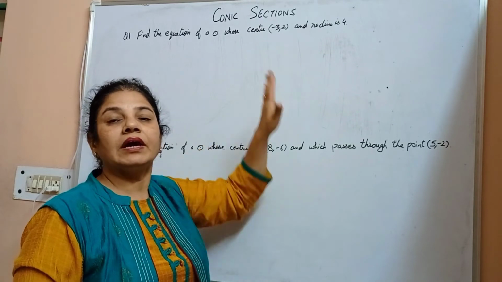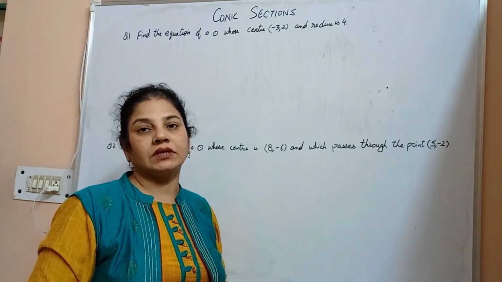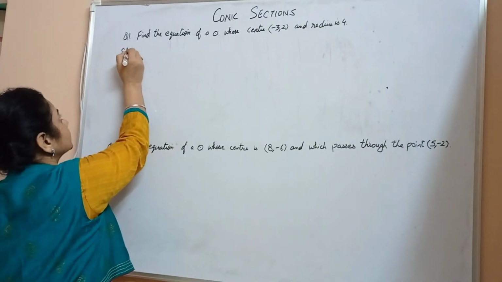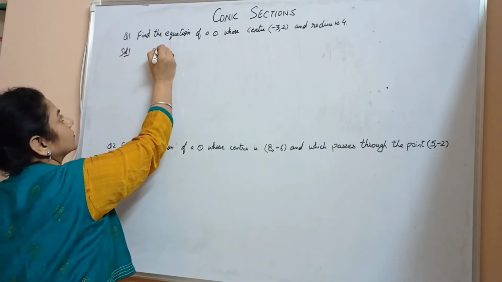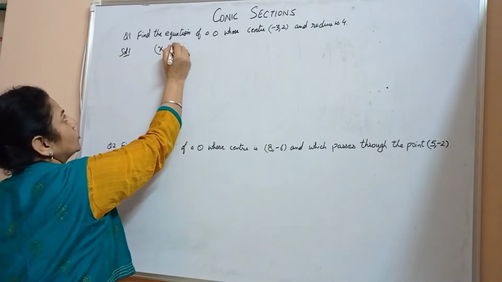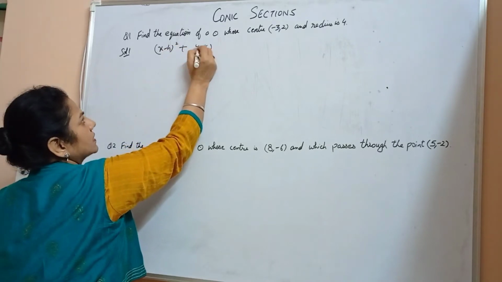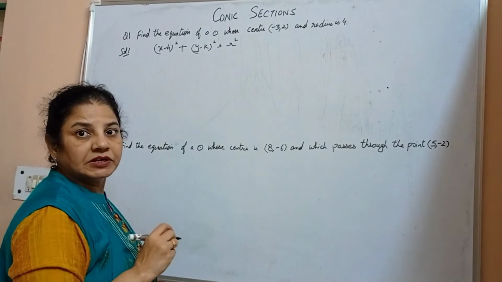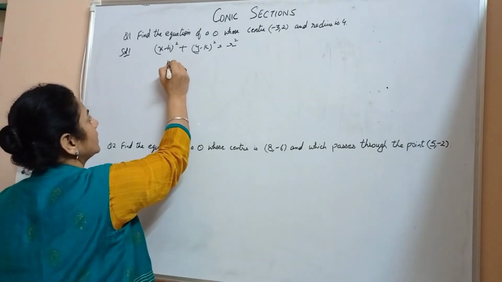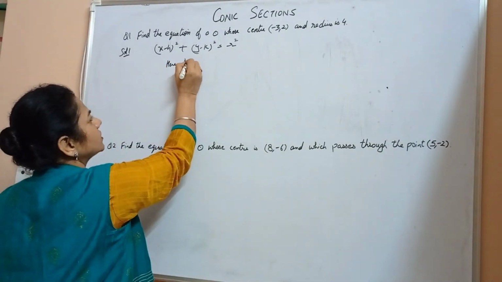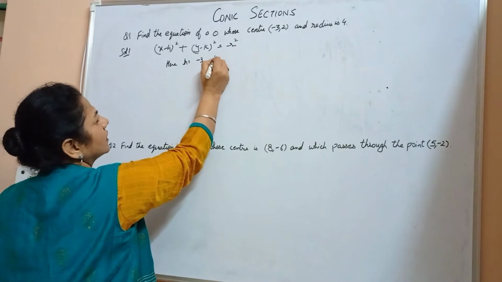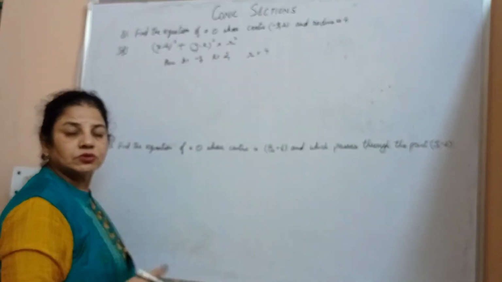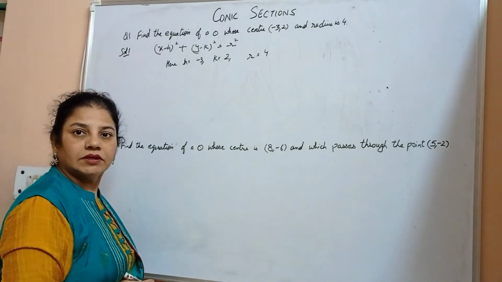Therefore we apply the equation of a circle in central form, which is given as (x minus h) whole square plus (y minus k) whole square is equal to r square. In this particular case, h is equal to -3, k is equal to 2 and radius r is equal to 4. Substitute the values to calculate the equation of the circle.